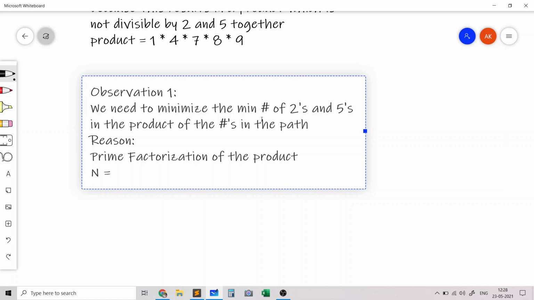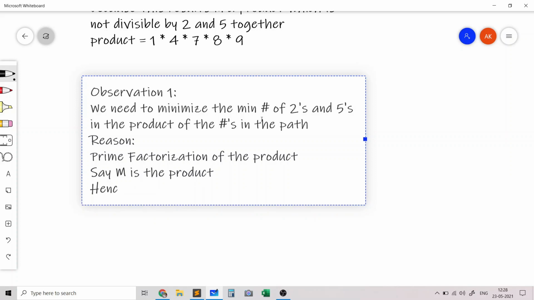So let's take another number m, which is the product of all numbers. Say m is the product. Hence m is 2 to the i times 3 to the j times 5 to the k times some other prime numbers. So let's say the last prime number is p_x raised to k_x.